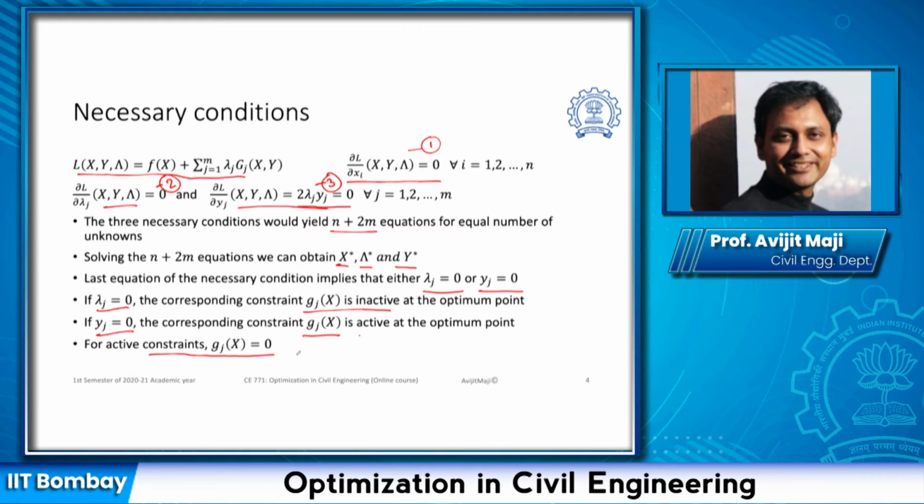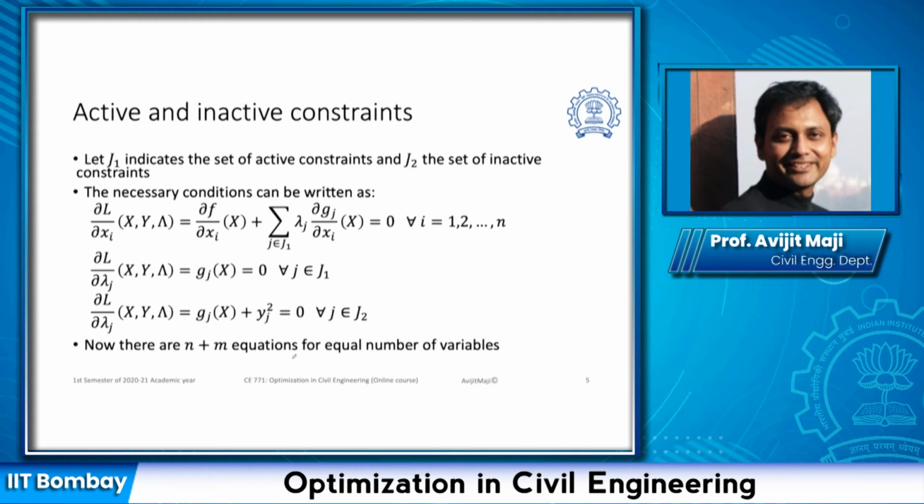It is quite a good finding because with the help of this we can actually reduce the number of equations which we need to solve. So let's see how we can reduce the number of equations. Now, as we said, we have the set of active constraints and the set of inactive constraints. We can indicate the active constraints as J1 and the inactive constraints as J2.